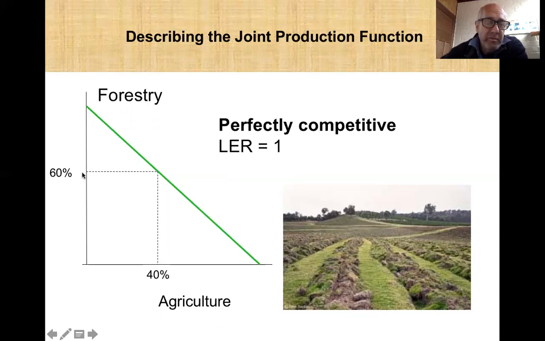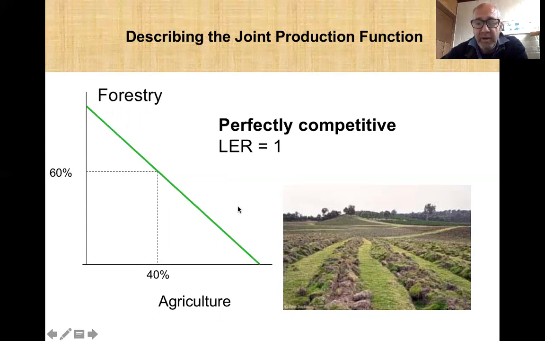Now, as soon as you put 60 acres under forestry, that frees up 40 acres for agriculture production. So they're perfectly competitive because the land equivalent ratio is always 1. Any increase in forestry will mean less agriculture, and they're perfectly replaceable in that combination.